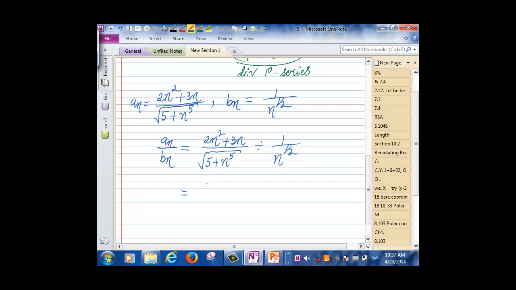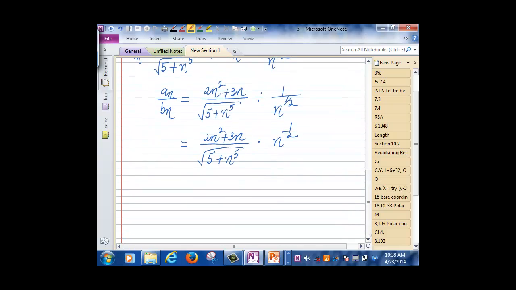And so what is that? 2n squared plus 3n divided by 5 plus n to the 5, multiplied with n to the half, right? Are we okay with that? So what do I get?